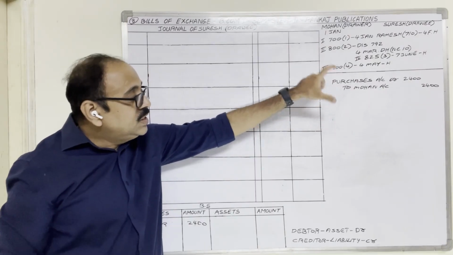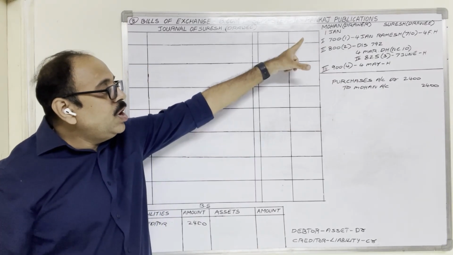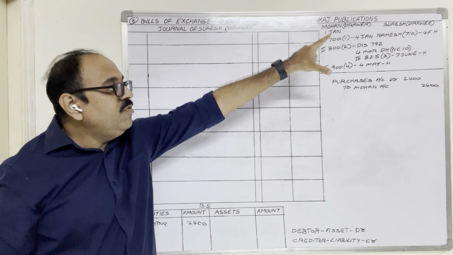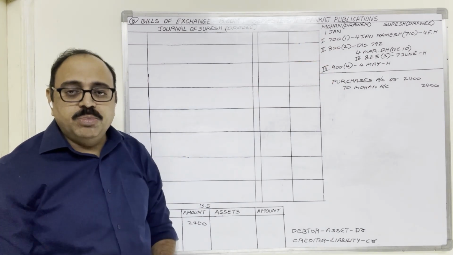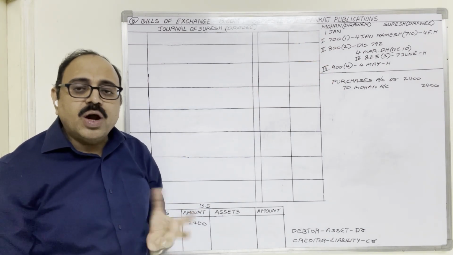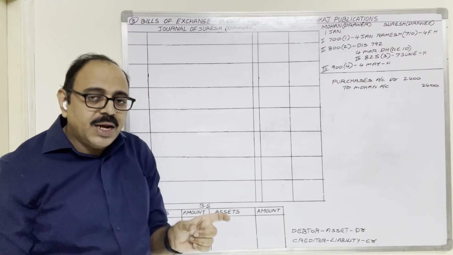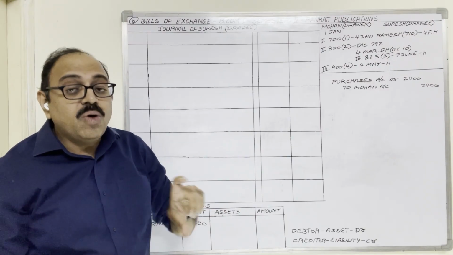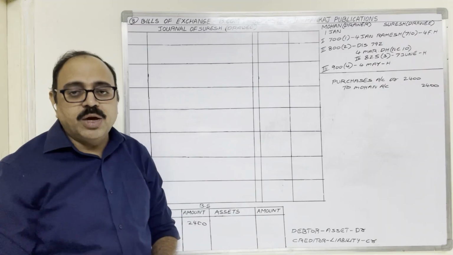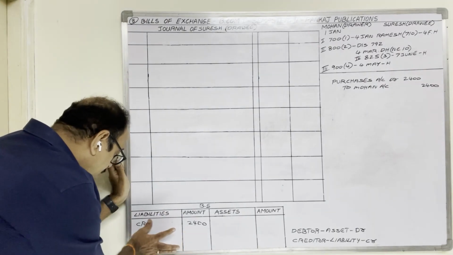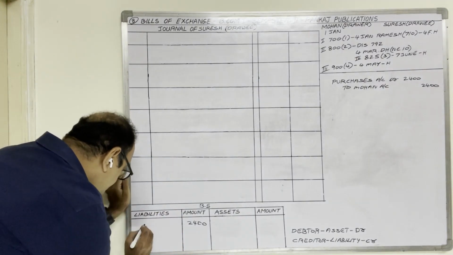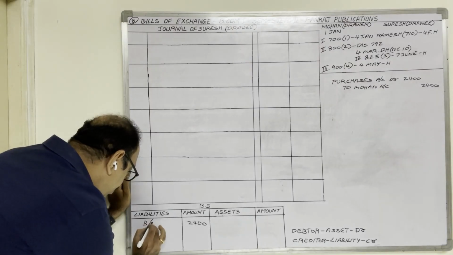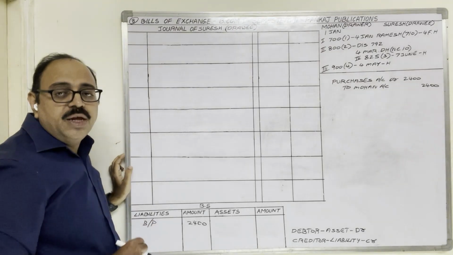Now for this 2400, Mohan prepared 3 bills and we have given acceptance on these 3 bills. Now Mohan is not a creditor because same creditor liability is converted into another liability known as bills payable. So creditor liability will get cancelled and a new liability bills payable will be created.